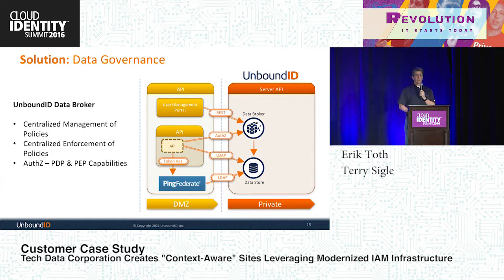As Eric had talked about, the user would have different contexts of how they're talking to the different portals, whether it be the user management portal or on the previous screen, the e-commerce portal. In those cases, it's sending the REST request to the data broker. It's performing policy to see what it can provide, what's allowed, pulling that information from the data store and serving it back up to the user management portal.